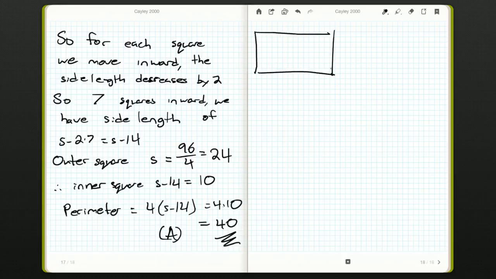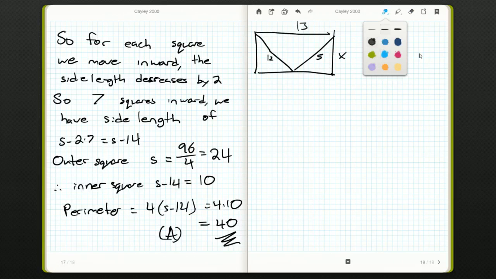All right, we'll just draw our little picture. We know AD is 13. If we want to figure out the side length, we need this x here, 13x. And we're told this is 5 and this is 12. Well, what we could do is find this altitude right here, and that's going to be the same value as x.